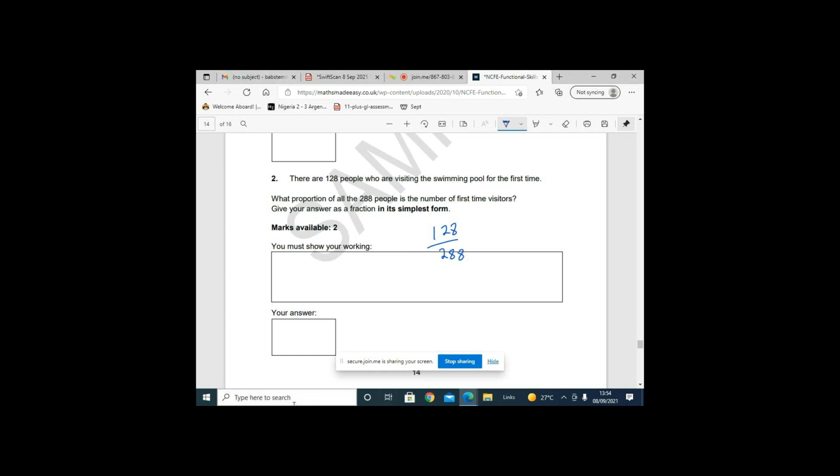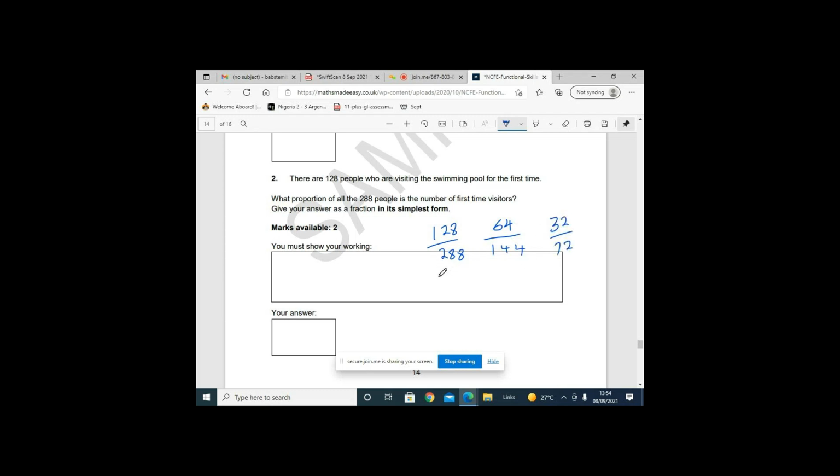That's 1/4. So what do you divide it by? I did the long way. I divided everything by 2. If you divide everything by 2, this one is going to be 64 over 114. Then by 2 again, that's 32 over 72.